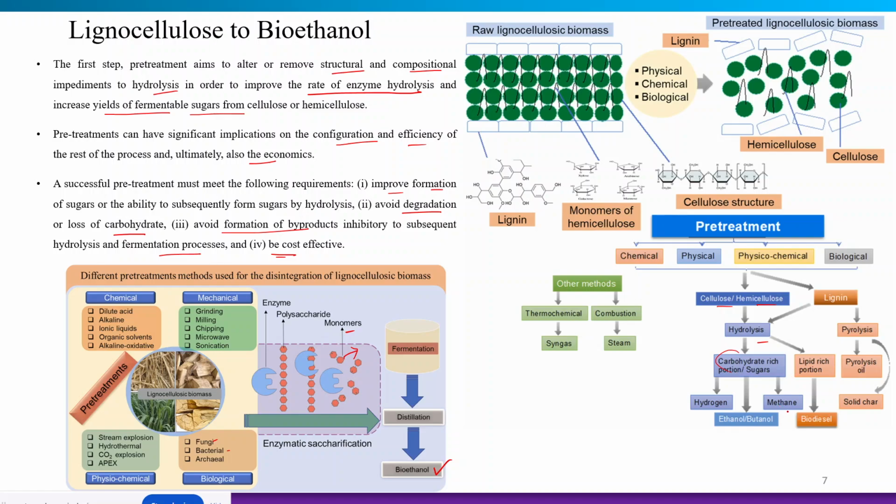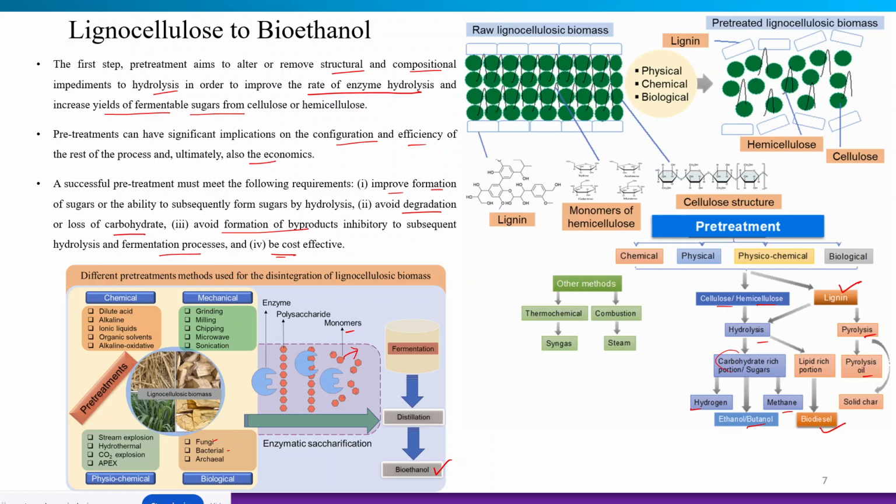From the hydrolysis we are separating out methane, hydrogen, ethanol or butanol, and the lipid rich portion is followed by biodiesel production. The separated lignin component is taken for a high thermal conversion process like pyrolysis. From there we are getting either solid char or pyrolysis oil.